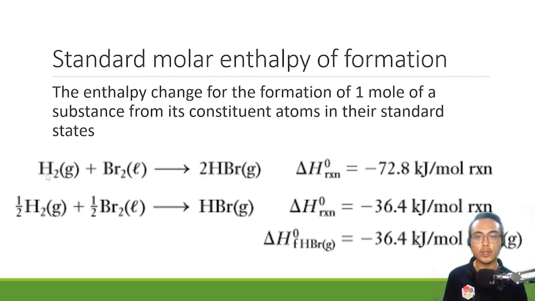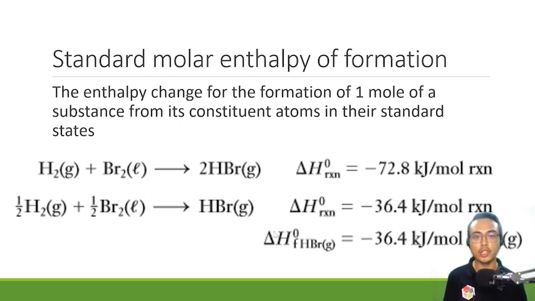The first equation is not a standard molar enthalpy of formation reaction, but the second equation is because it satisfies our 3 criteria. Only 1 product, its coefficient is 1, and all of your reactants are elements in their standard states.